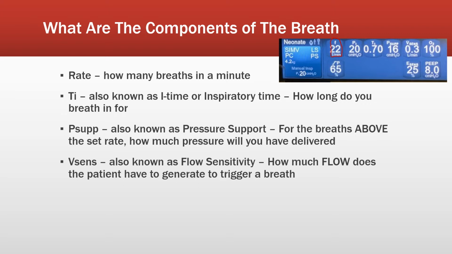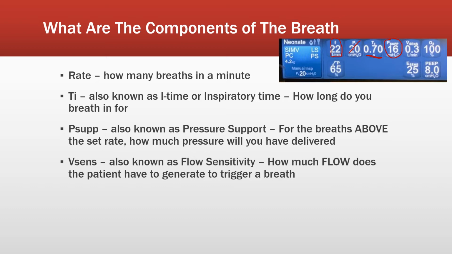The next one that we'll hop over to, I know we're going to skip over the PI for right now, will be the TI. It's also known as the inspiratory time, and the inspiratory time is basically how long the patient is going to breathe in for. The next marker that we'll look at is the one that says P-sup right here, and this is in relation to pressure support breath.